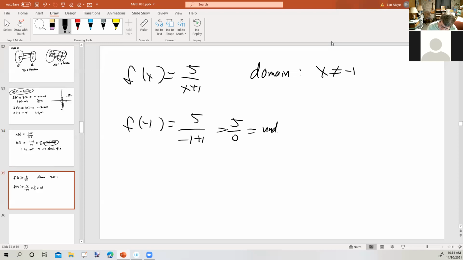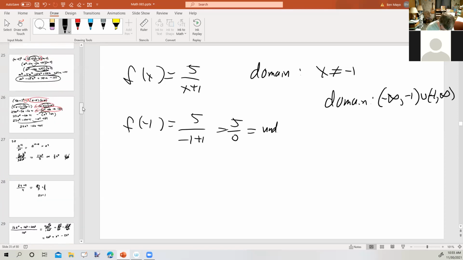But how would we say x can't equal negative 1 using interval notation? We take everything from negative infinity up to, but not including, negative 1, in union with everything after negative 1 up to positive infinity. Okay, any questions about that?